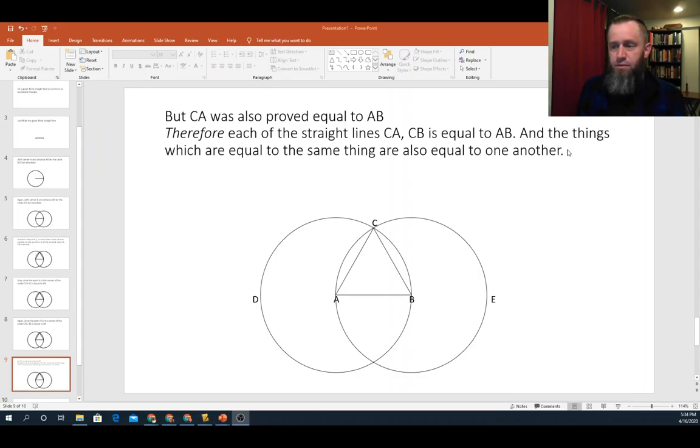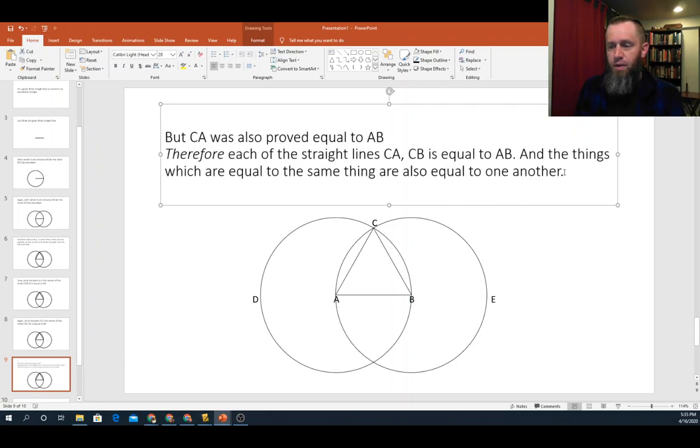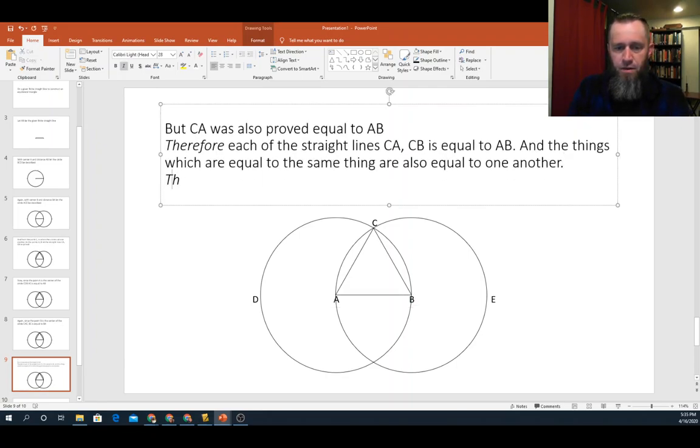Therefore, CA is also equal to CB. CA has to be equal to CB because both of them are equal to AB. Does that make sense? CA and CB are equal because both of them are equal to AB. Things that are equal to each other.